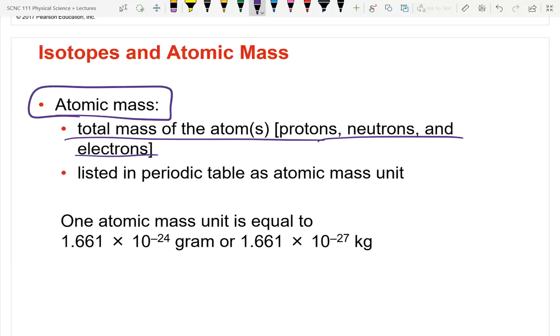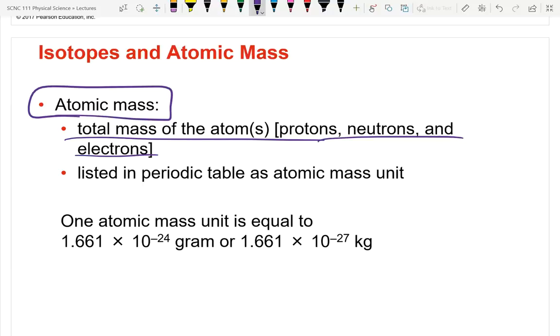And so the atomic mass, the total mass, is the number that's written in the bottom center of those squares in the periodic table. Because protons and neutrons have almost exactly the same mass, we can just count the number of protons and neutrons, and that gives us a rough number for the atomic mass.